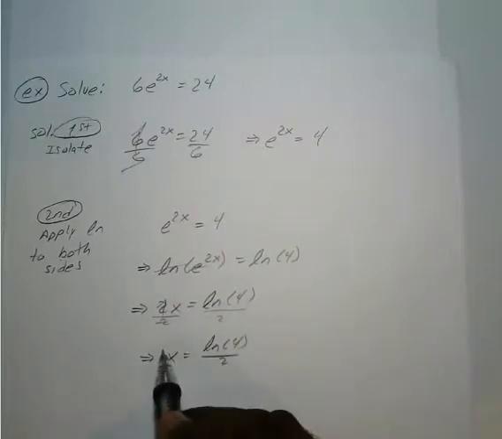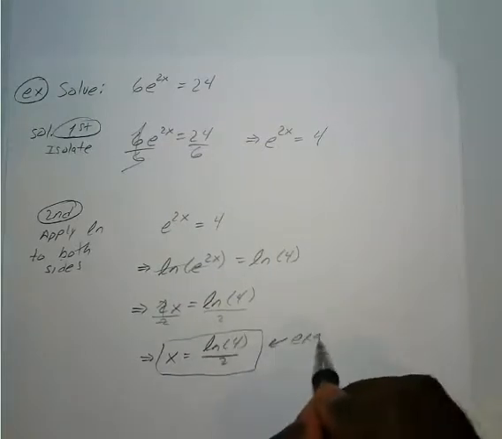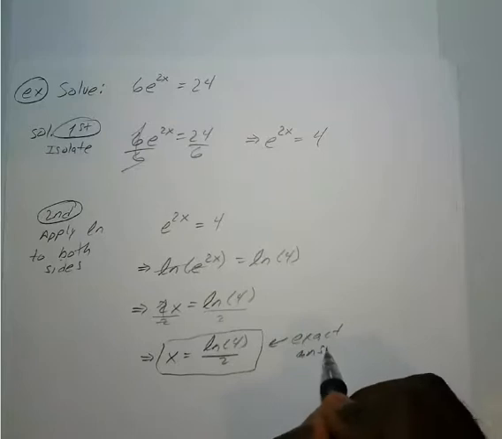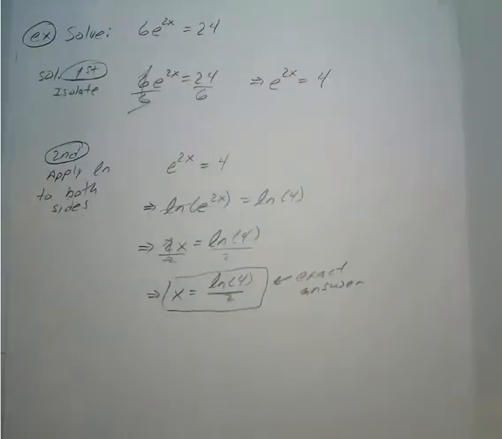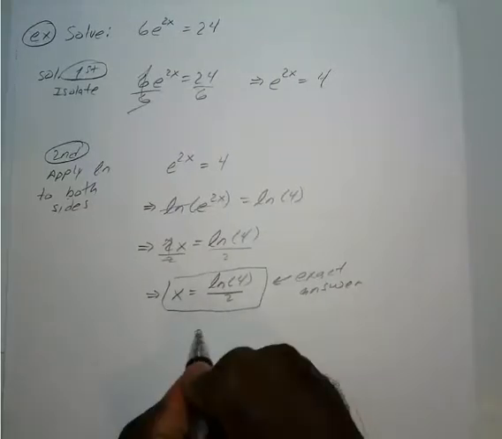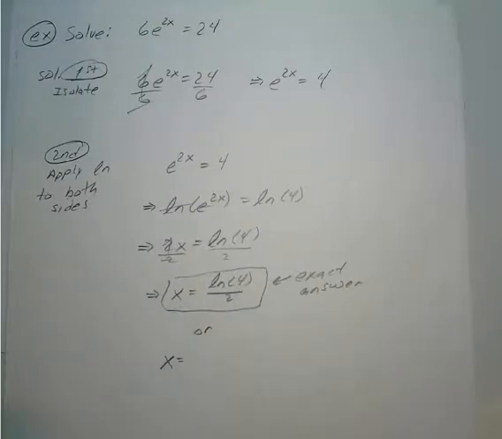Okay, now this is your exact answer. But in some cases, they will want you to give that answer as a decimal. So if you plug that into a calculator, you end up with x is approximately the natural log of 4 divided by 2.